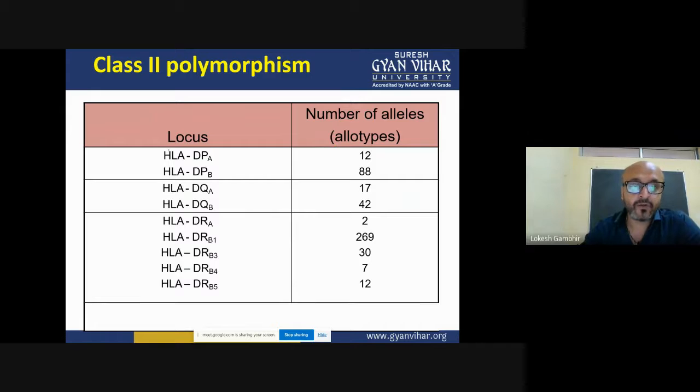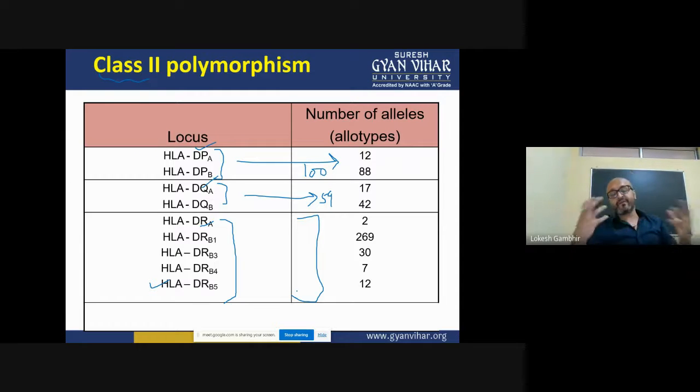If you talk about class 2, then we are talking about the DP, DQ, and DR regions. These are the three regions we always talk about when discussing human leukocyte antigen. Cumulatively it contains almost 100 alleles, almost 59 alleles, and the number is again increasing in the third region.